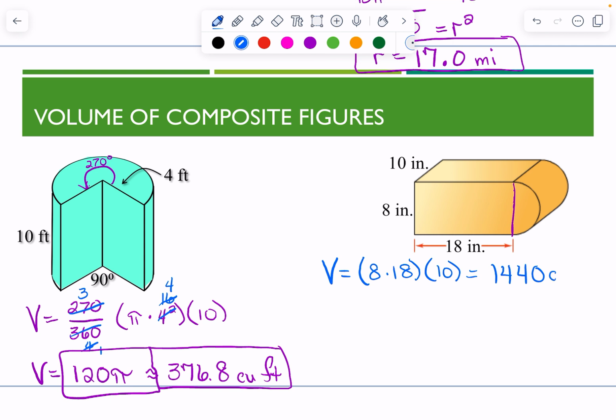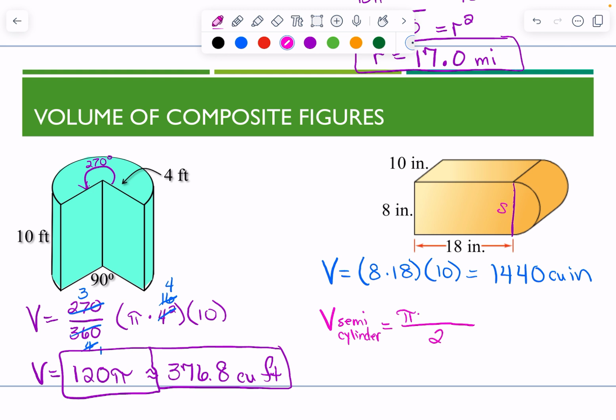1,440 cubic inches. But now we're going to come back and find the volume of a semi-cylinder, or half of a cylinder. What we're going to do is find the volume of the full cylinder, and we're just going to cut it in half. Remember, the volume of a cylinder is pi times radius squared times height.